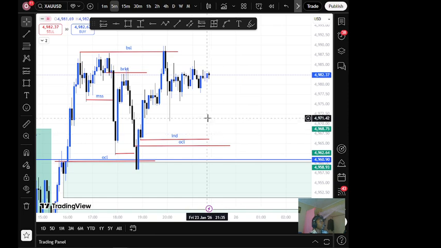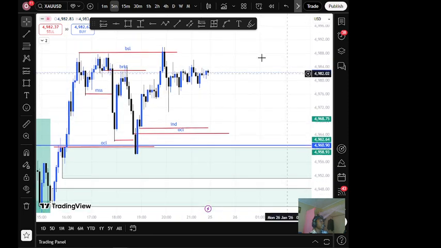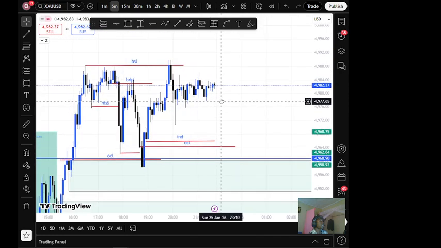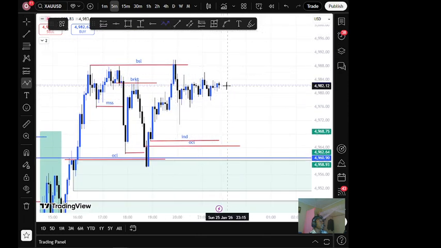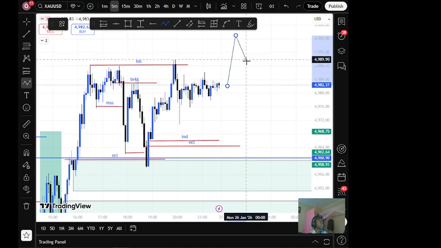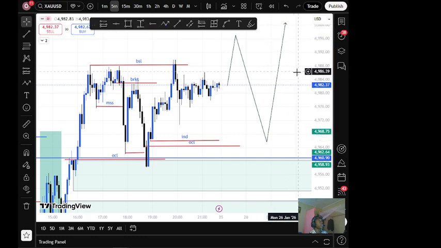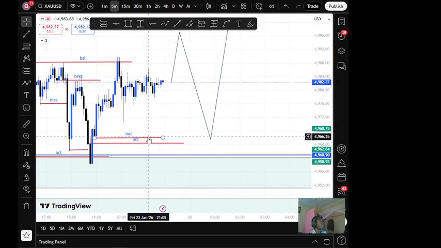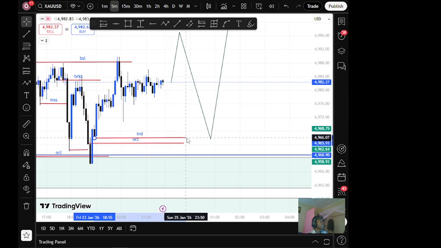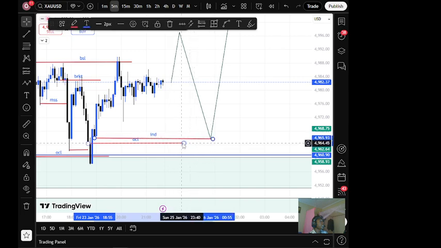So what I'm expecting is price either to break the buy side liquidity, and come back and retrace this point here before pumping to the upward. So I might be waiting for a retrace.